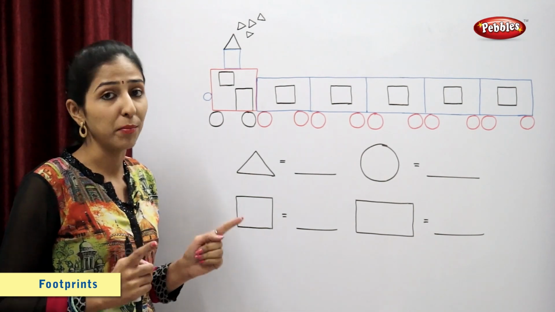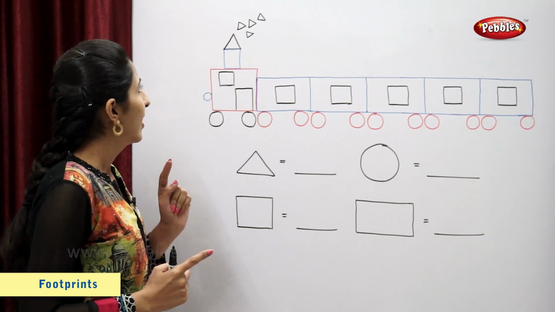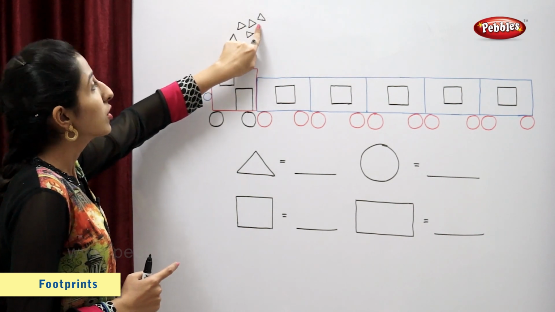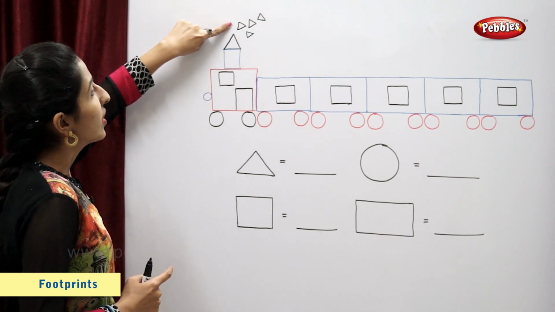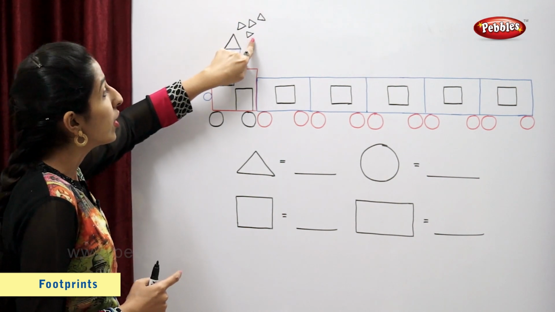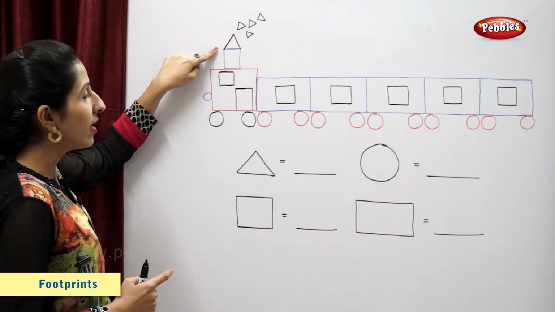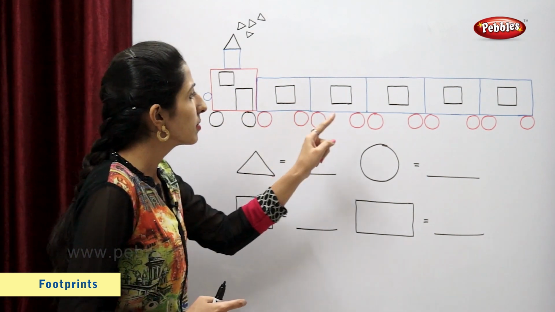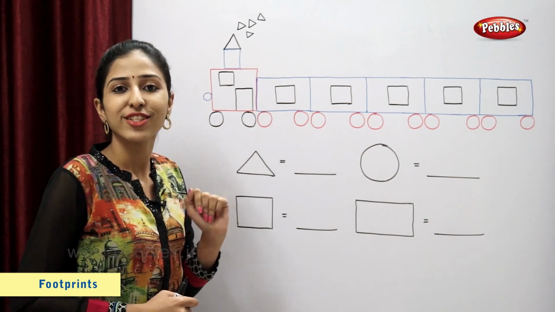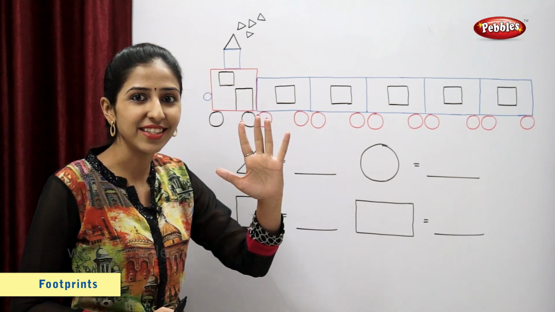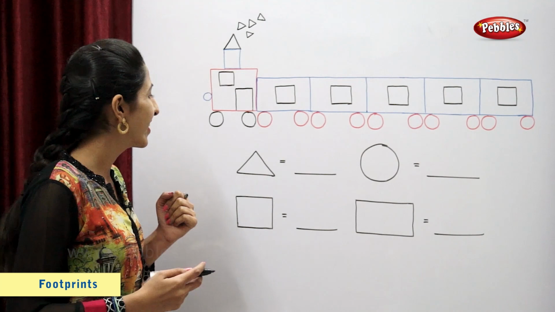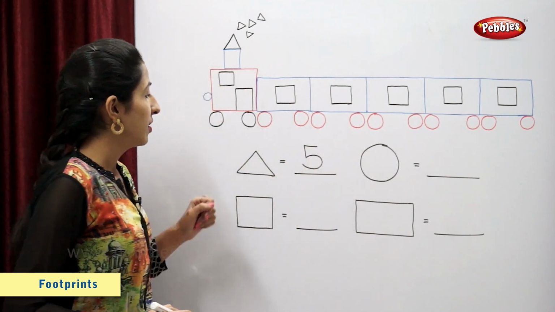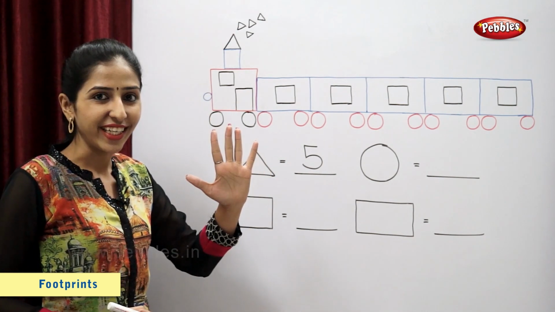Now let's count the number of triangles. 1, 2, 3, 4, 5. So there are 5 triangles. So let's write. Five triangles.